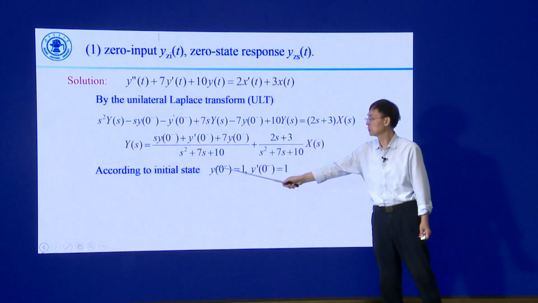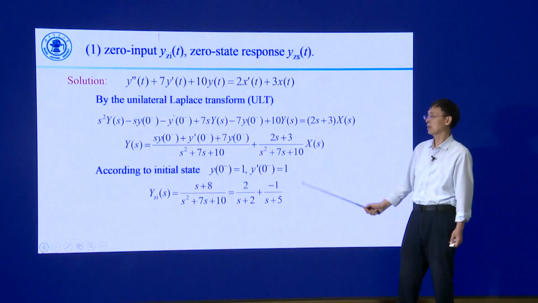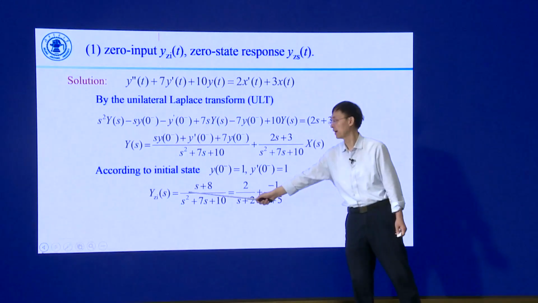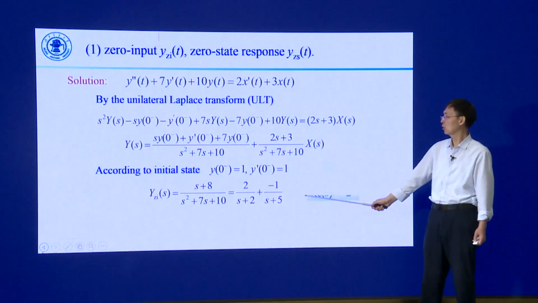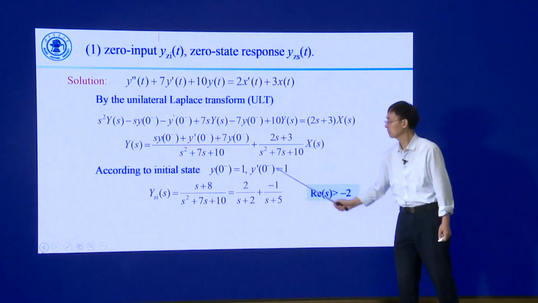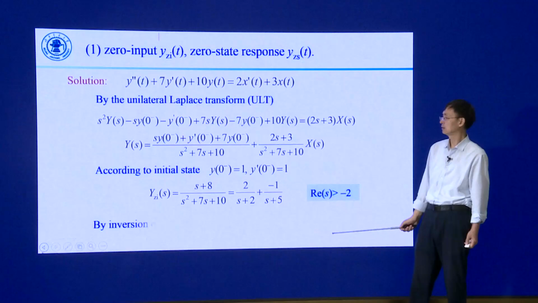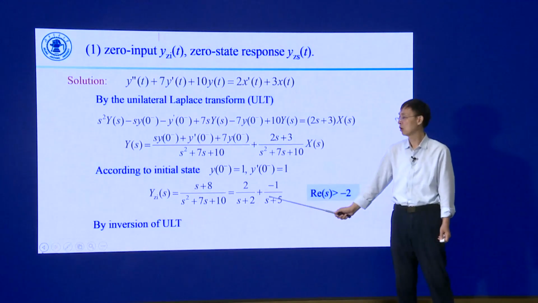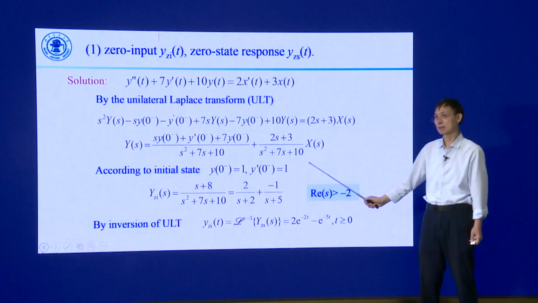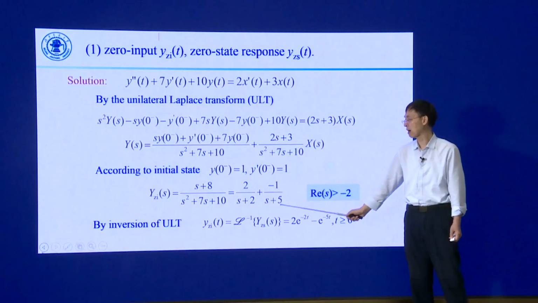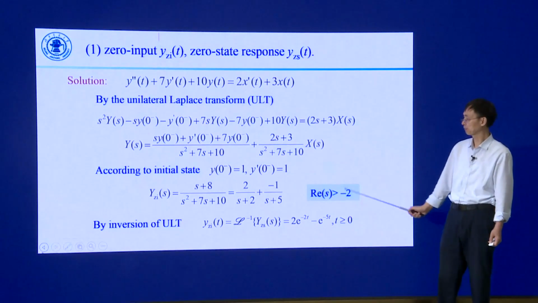According to the initial state, we can get YZIS. By partial fraction expansion, we can get this expression. By inversion of unilateral Laplace transform, we can get the zero input response for this system.